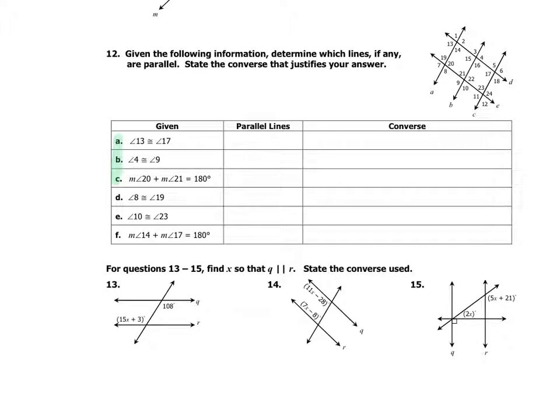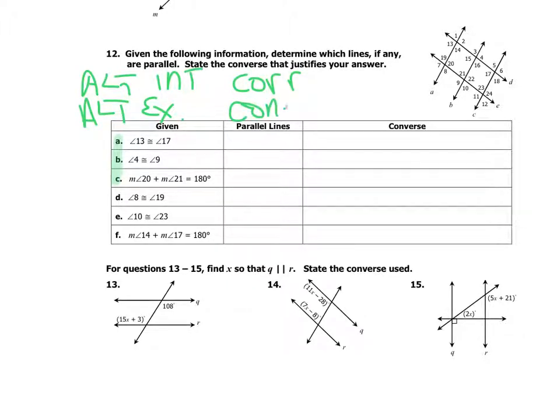It could be alternate interior, alternate exterior, they could be corresponding, they could be consecutive interior, they could be vertical. So these are kind of all your different converses that we could be using.